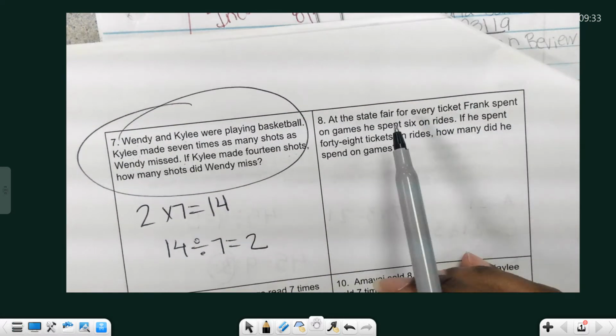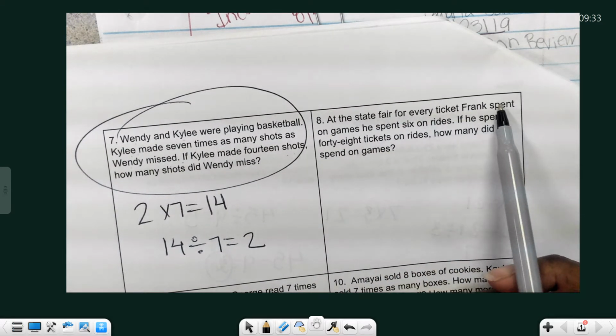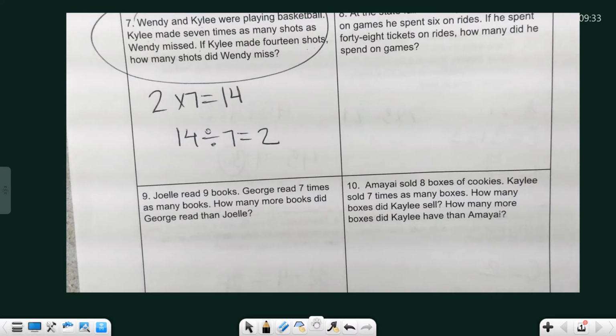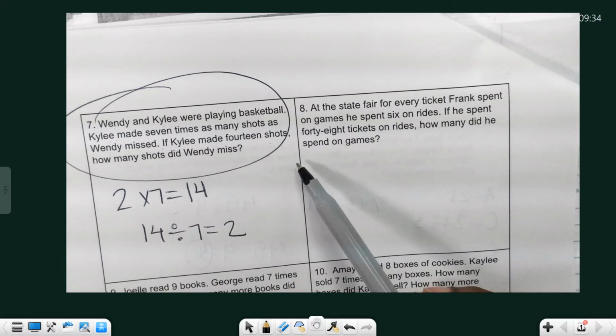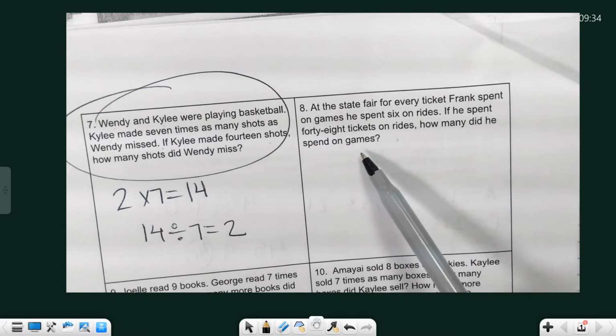Look at 8. At the state fair, for every ticket Frank spent on games, he spent 6 on rides. If he spent 48 tickets on rides, how many did he spend on games?